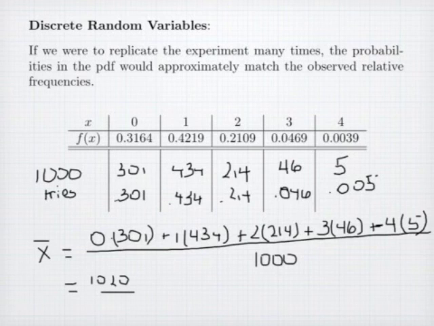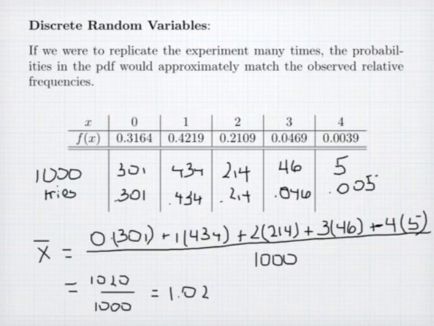Dividing by 1,000, I get 1.02. And that's my sample mean. So if I were to add the 5 numbers together, 0 plus 1 plus 2 plus 3 plus 4, and divide by 5, I get something completely different and fairly far away from the sample average.